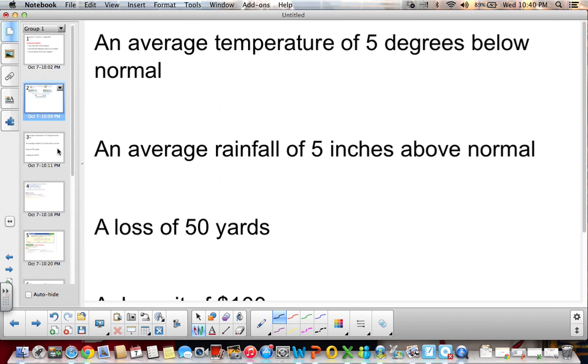If we want to use integers to represent different situations, say there was an average temperature of 5 degrees below normal. Below means under, or negative. So below normal, we would represent it as -5.